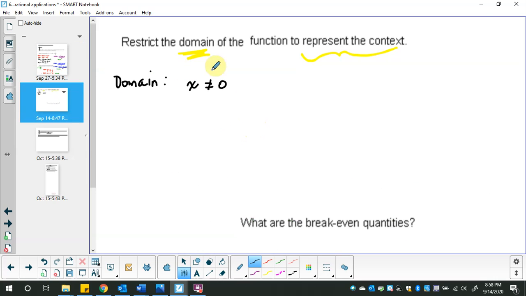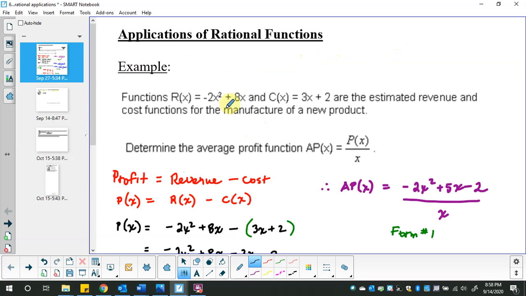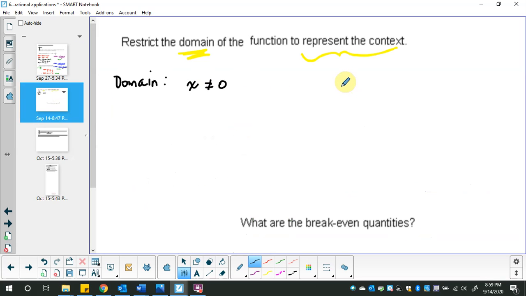But for the context of this problem, you should realize that if you're a company, you also can't even possibly make negative number of items. So we also have to make sure that x is bigger than 0. So being 0 is bad, being negative is bad, so you can say this.